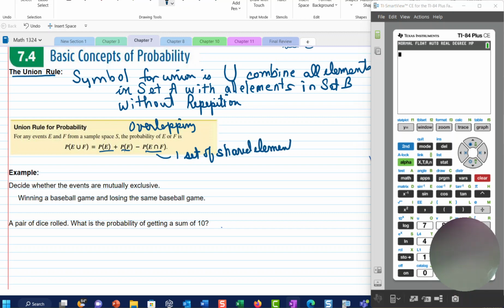Otherwise, it would be the probability of event E plus the probability of event F. Okay, or means to add.